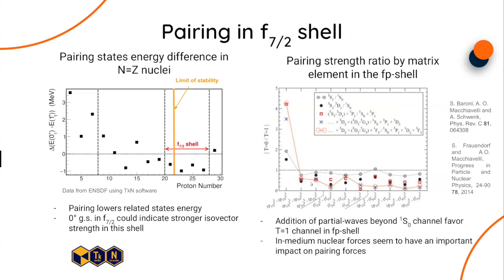What we see is that when we add partial waves beyond 1s0, it strongly favors the isovector channel, which is already a hint that in the f7/2 shell, in-medium nuclear forces probably play an important role. So it's maybe not as simple as saying that we can ignore in-medium effects for pairing forces.